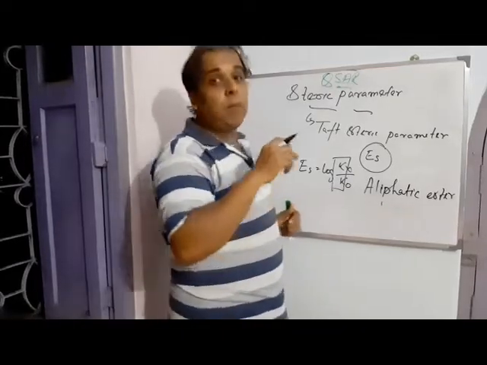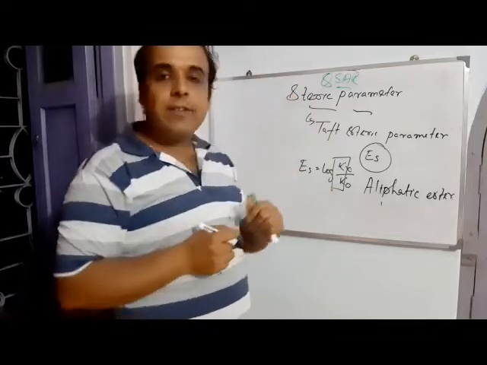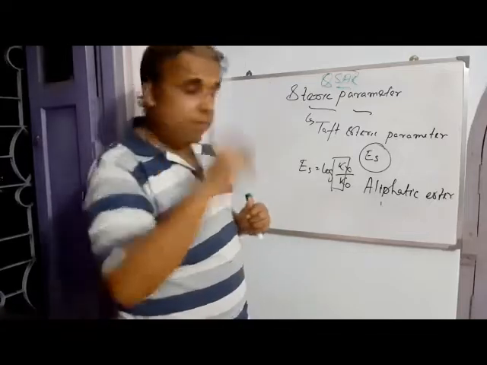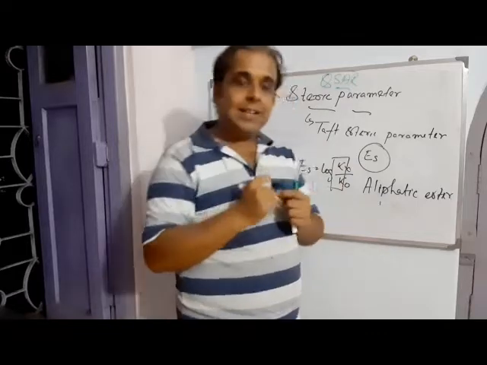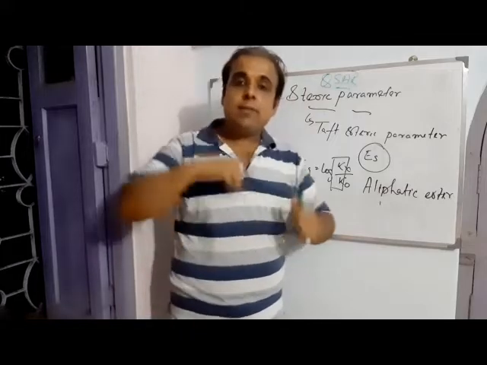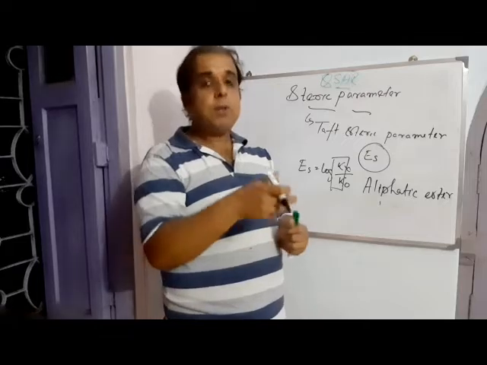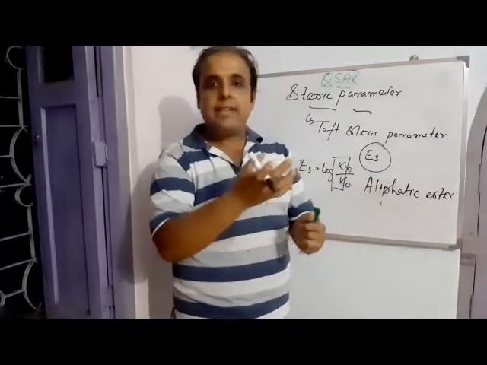Now what we want to see is the same as in the earlier case of electronic parameters, that is the Hammett substituent constant, which you can find in my last video. So here Kx is the effect of the substituent. If I replace a portion of this standard aliphatic ester with the substituent, we are trying to figure out whether the substituent is influencing the hydrolysis process, whether it is increasing or decreasing the rate.